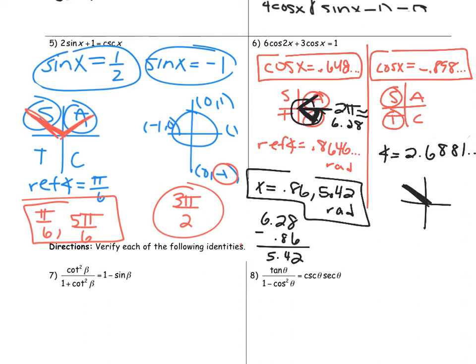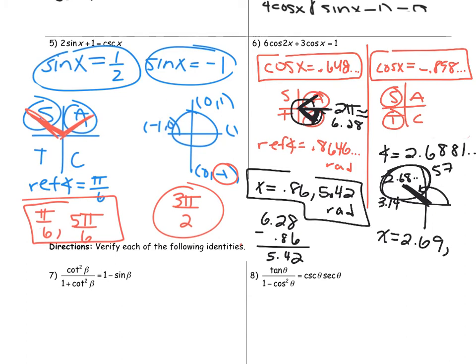Why do I know that? Because 3.14 is here and 1.57 is here. So that means 2.68 blah, blah, blah is within this quadrant. So I already got one of the angles. One of my angles for x is 2.69, rounding to the hundredths.